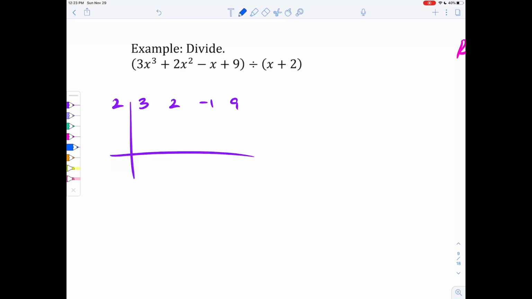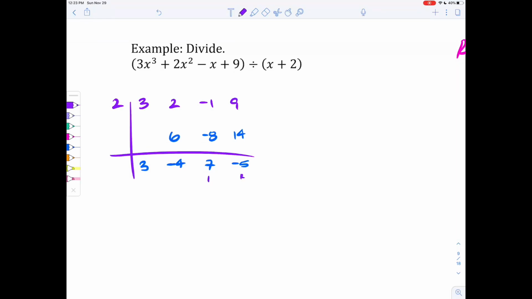So 3 minus nothing is 3. 3 times 2 is 6. 2 minus 6 is -4. -4 times 2 is -8. -1 minus -8 is +7. 7 times 2 is 14. And 9 minus 14 is -5. Again, remembering that this is the remainder. This is how many 1's, x's, and x squareds.